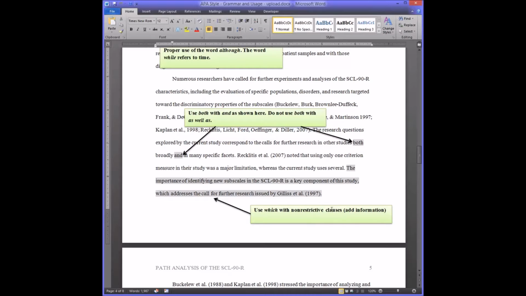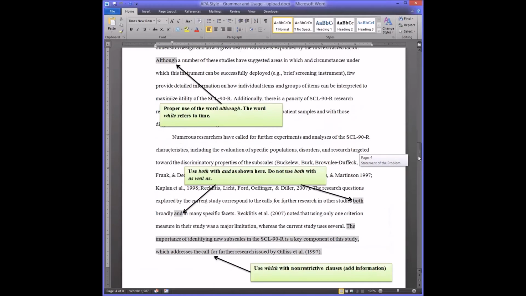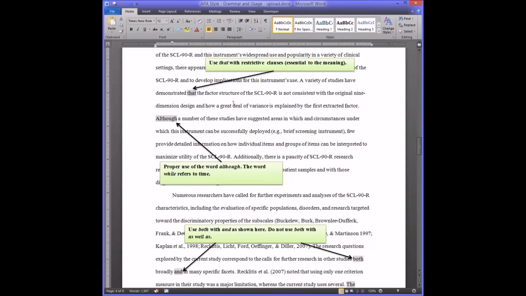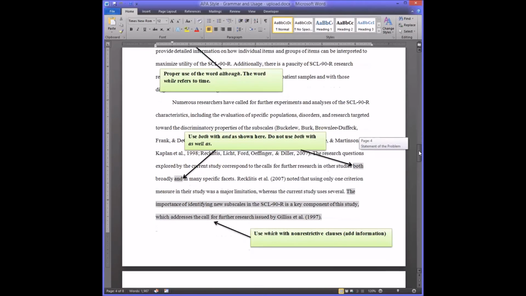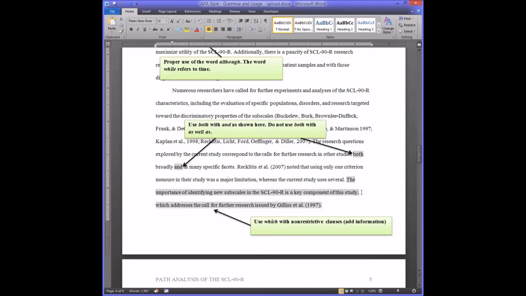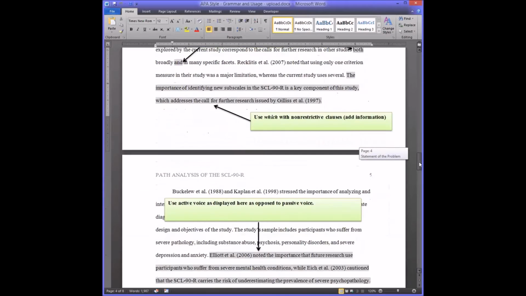So a non-restrictive clause that uses the word which would be set off by a comma, and of course the word that is never set off by a comma. So if you divide up your thinking along those lines, in terms of restrictive clauses with the word that, and non-restrictive with the word which, and with a comma before it, it'll make the decision a little more clear as you look at each sentence and you build each sentence and decide what word you should be using.